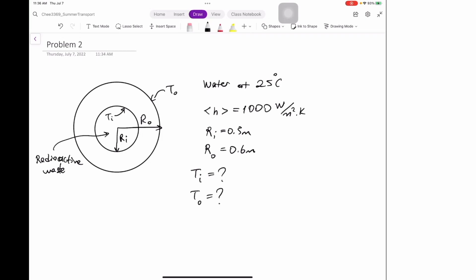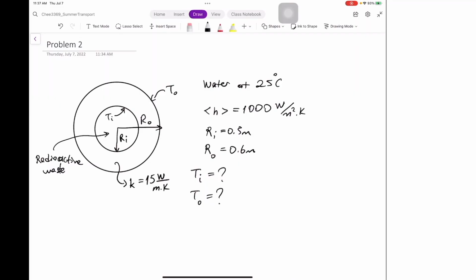Thermal conductivity is given. K, thermal conductivity of the steel, 15 watts divided by meter Kelvin.